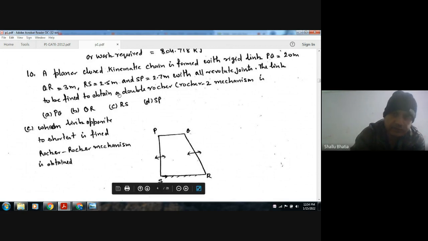Here the shortest link is PQ, so if we draw the kinematic chain PQRS, the link opposite to the shortest link is SR. So for the double rocker mechanism, SR should be fixed. So RS is the answer. So answer is C.